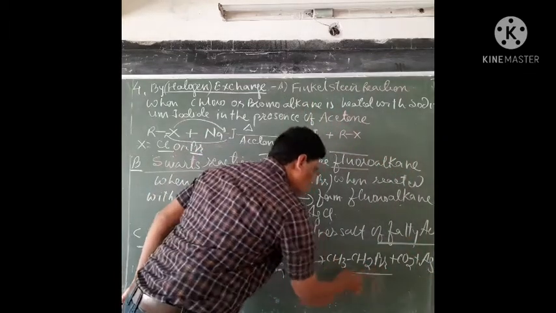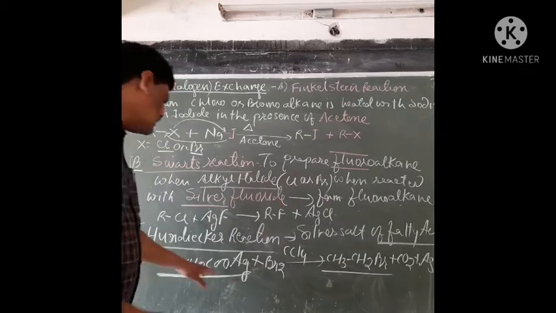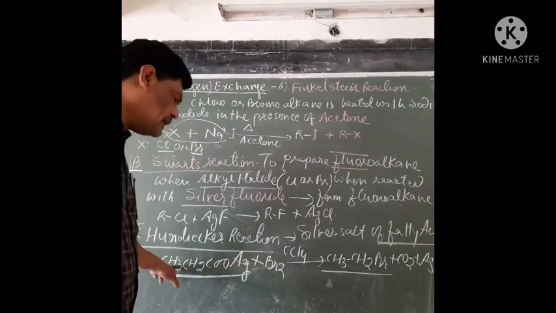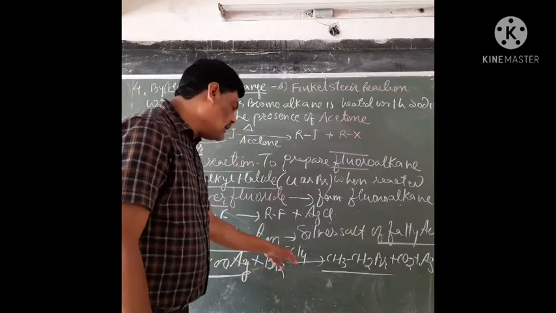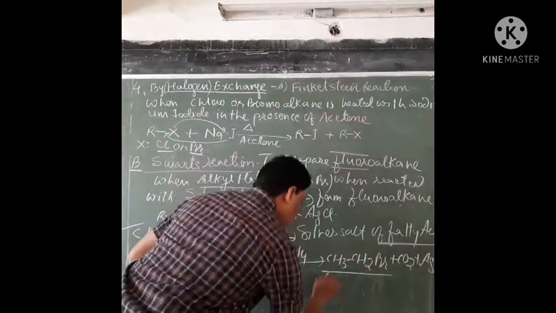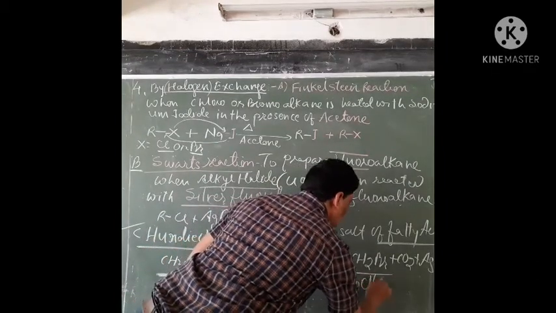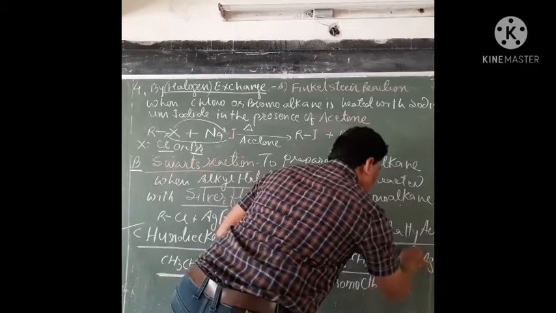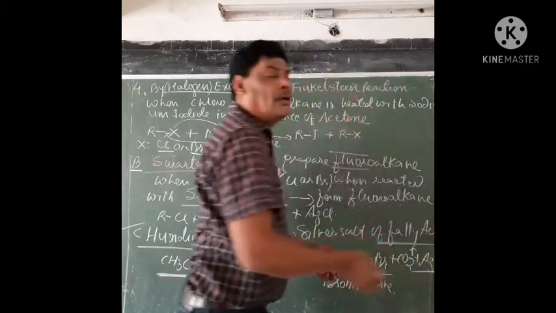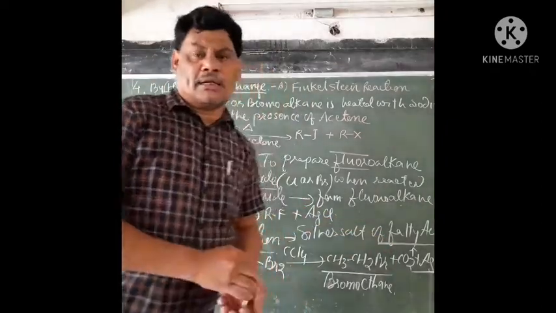So this is the Hunsdiecker method. When silver salt of fatty acid is treated with bromine in carbon tetrachloride reflux, it forms bromoethane, by release of carbon dioxide gas and formation of a pale yellow precipitate of silver bromide.